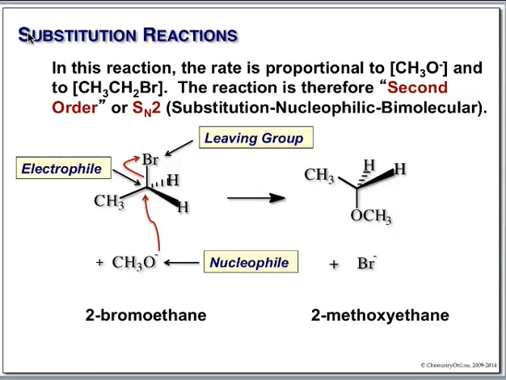Now, as you hopefully learned in general chemistry, whenever you have two molecules in the same transition state, the rate of the reaction depends on the concentration of both. That's second order, and that's why this is Sn2. 2 stands for second order, two things in the transition state. Any questions?